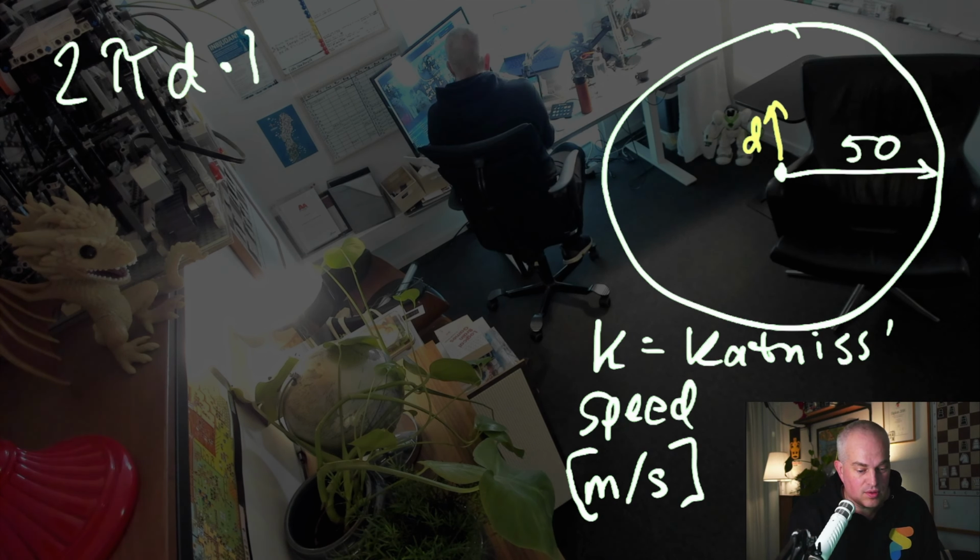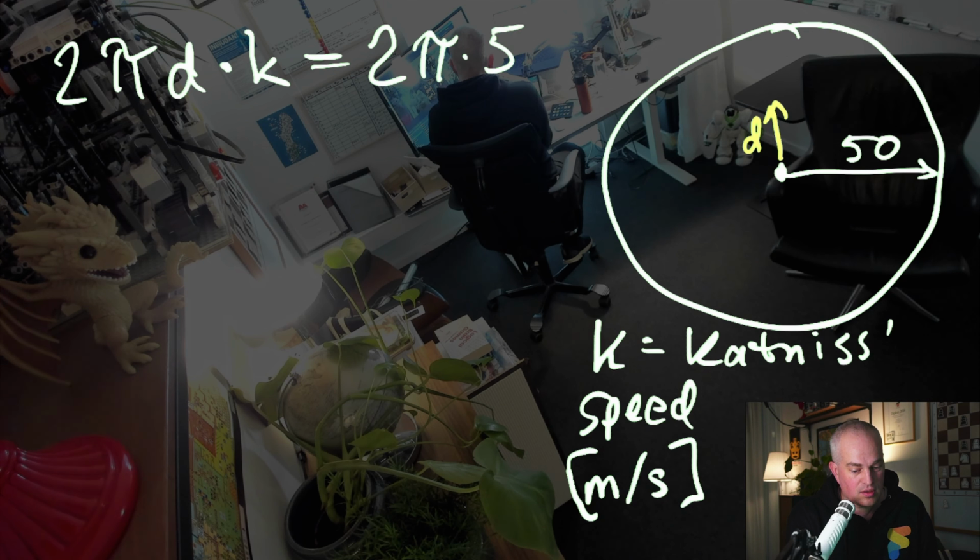So we have to increase or scale the length of the inner circle by the speed k to find the equality, where it's equal to the outer circumference, like so.